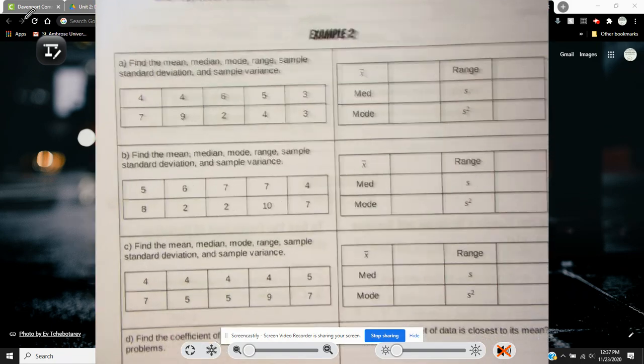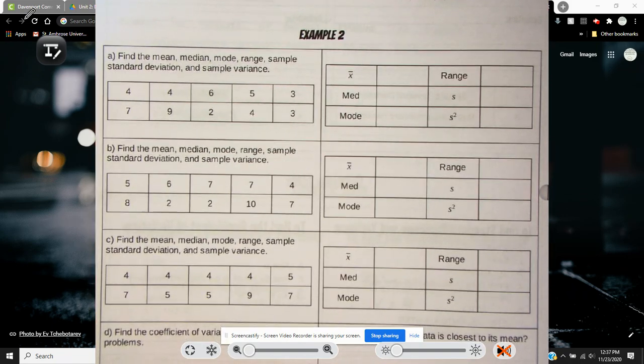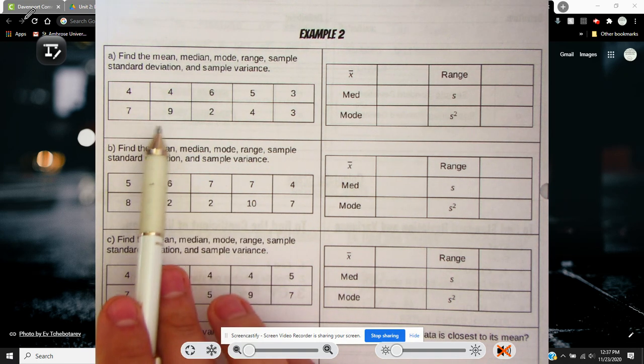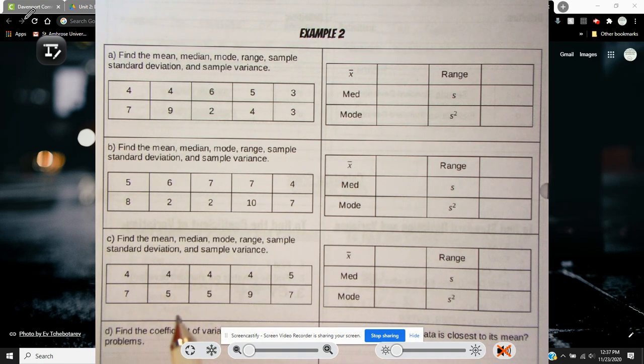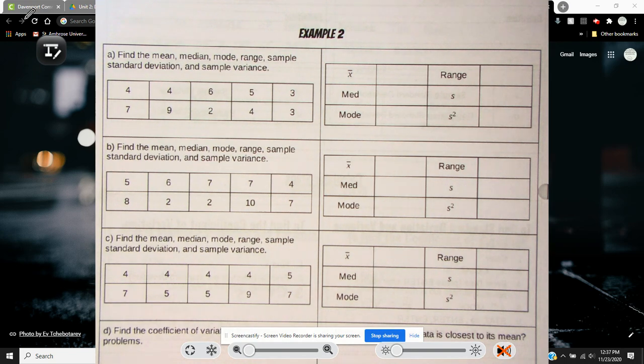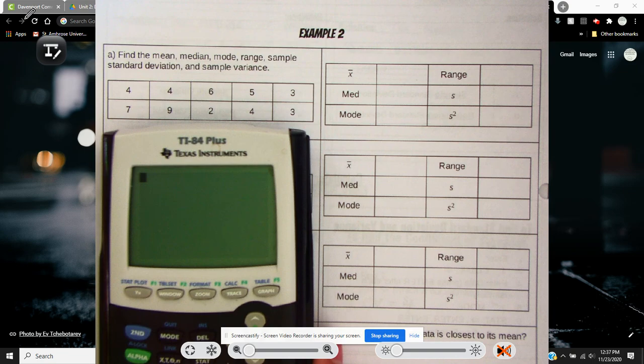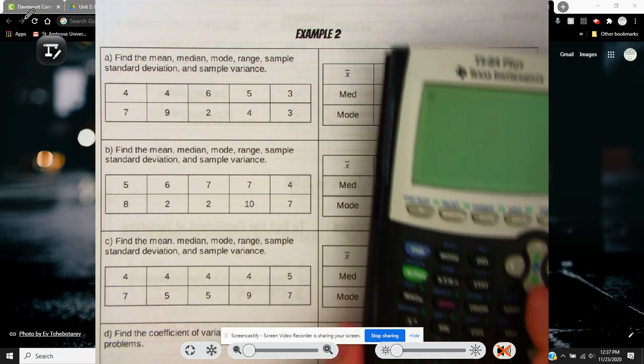So, in example 2, we have parts A, B, C, D, and E. For A, B, and C, we're going to find mean, median, mode, range, sample deviation, and sample variance. Your calculator will do the vast majority of this for you.